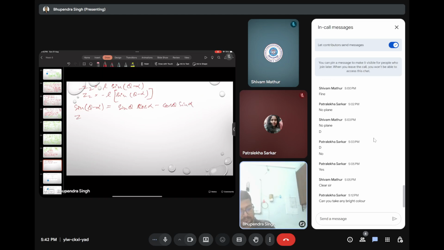So z2 will look like minus L sin theta cos alpha plus L cos theta sin alpha.